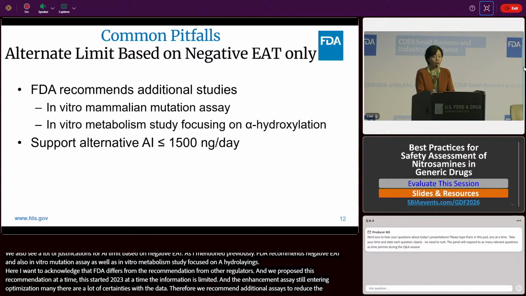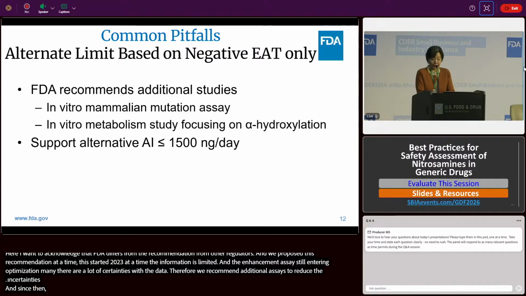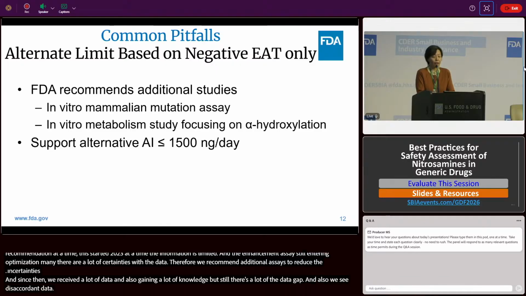Since then, we have received a lot of data and gained a lot of knowledge, but there's still a lot of data gaps, and we also see discordant data. So currently, we are actively assessing the data we have and also actively working with other regulators for harmonization.